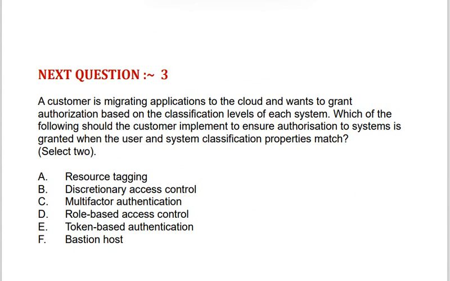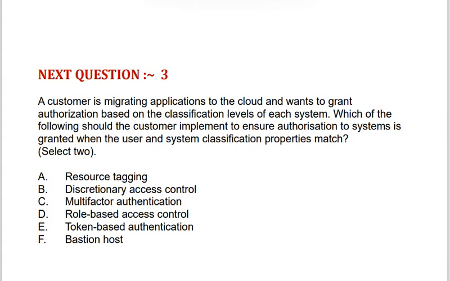Question is, a customer is migrating applications to the cloud and wants to grant authorization based on the classification levels of each system. Which of the following should the customer implement to ensure authorization to systems is granted when the user and system classification properties match? Select two options.